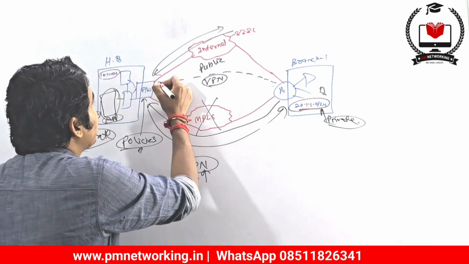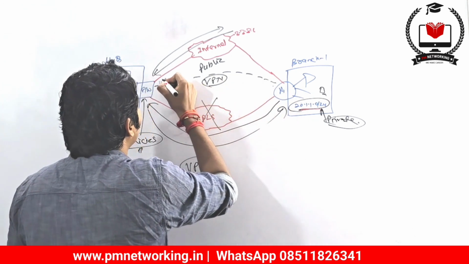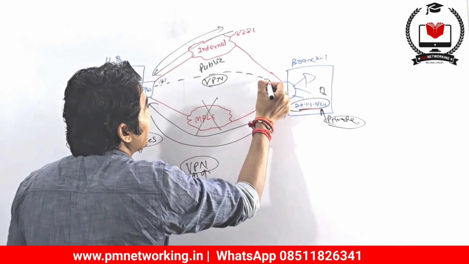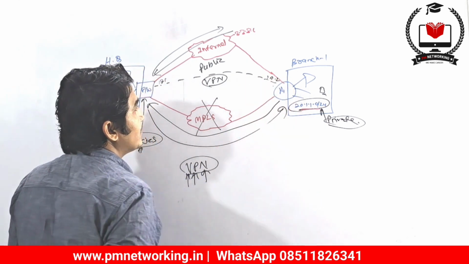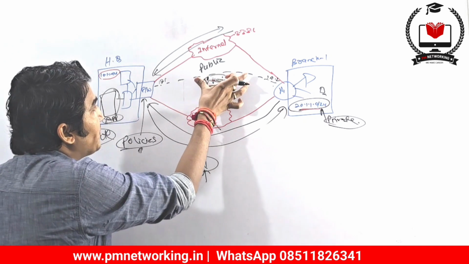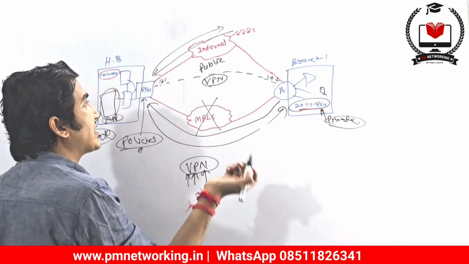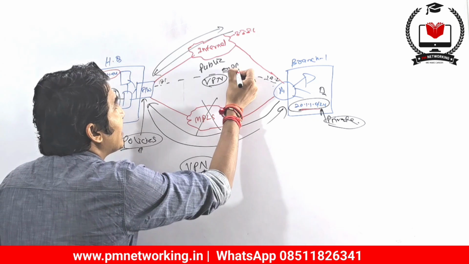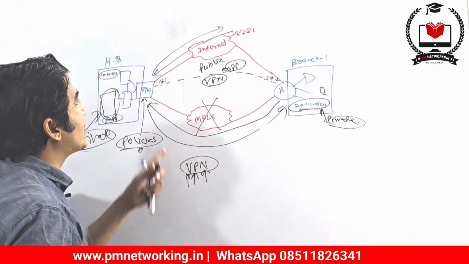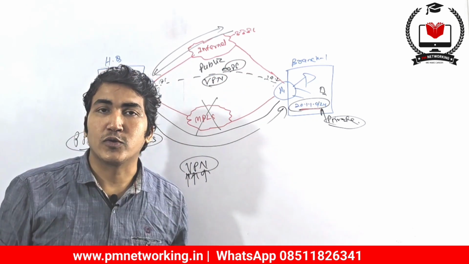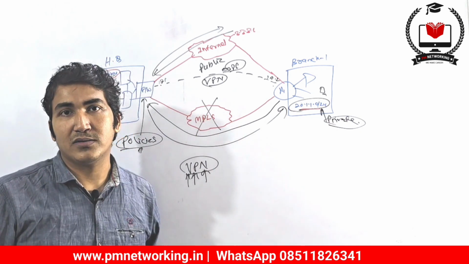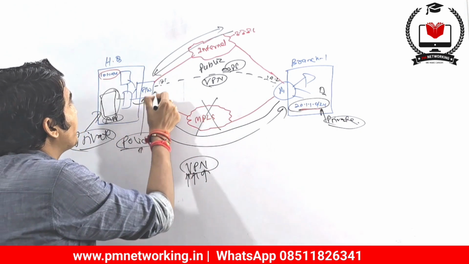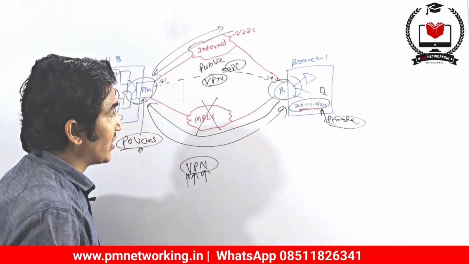Let's say here the IP address is 10.1, and here the IP address is 10.2, right? So now on this virtual link, I can configure a routing protocol like OSPF, and I can advertise networks through this virtual private network. Everything depends on the configuration on the firewall and this router, right?